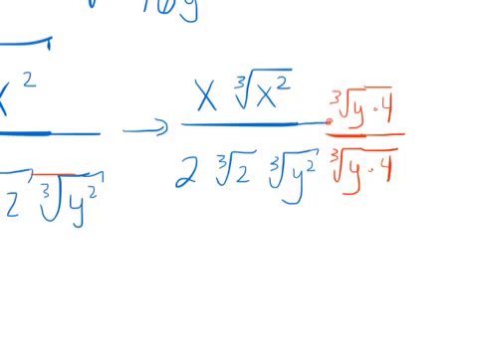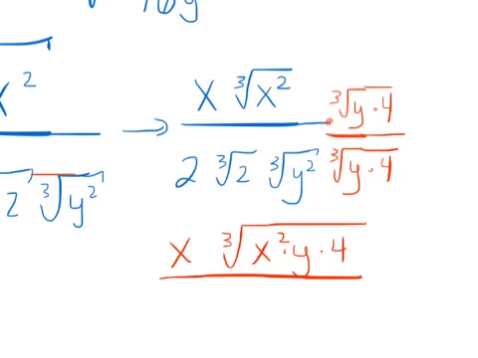Okay? Now, just look at everything, please. Numerator becomes x squared y times 4, which we'll rewrite more simply in a minute. But I'm just writing it in the order you see it so it's clear. Again, where does that come from? X squared times y times 4.